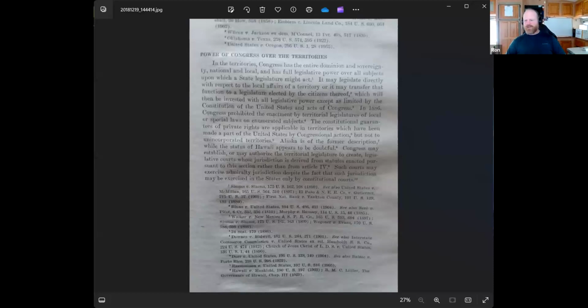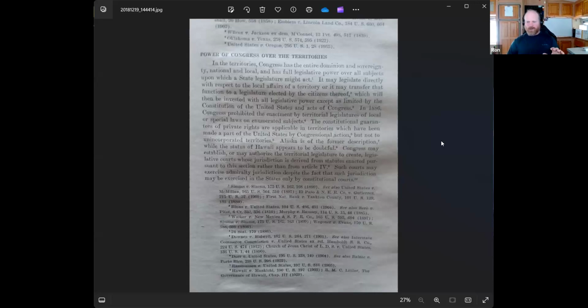Can you see it, Tom? Yes, sir. Okay, this is entitled Power of Congress over the Territories. This is out of a constitutional encyclopedia. These constitutional encyclopedias were created by the United States Government Printing Office for members of Congress, so that members of Congress have a legislative tool at their disposal when creating legislation, so they can compare it to this to figure out whether or not there are pieces of the legislation that may or may not be constitutional.